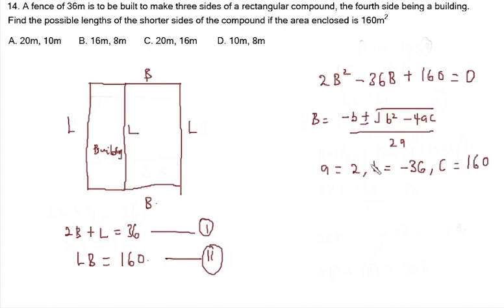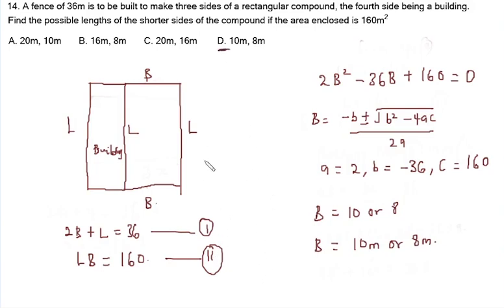If you plug all these values into the quadratic formula, you should be getting B is equal to 10 or 8. So B is equal to 10 meters or 8 meters. So our answer is D.